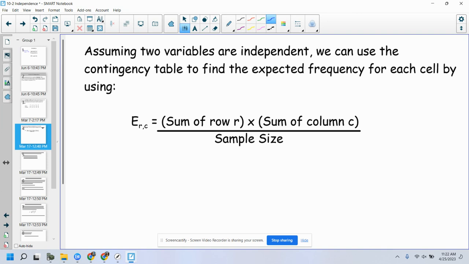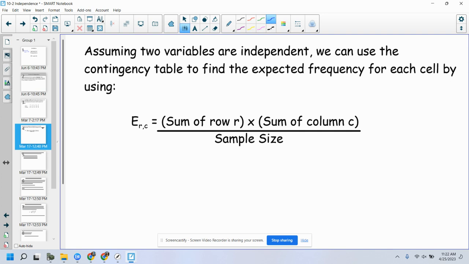So that's why you see E sub R C as the subscript. This would be like the expected frequency of male A, the expected frequency of female D, the expected frequency of male F, right? How to find those? You take sum of the row times sum of the column of that cell.